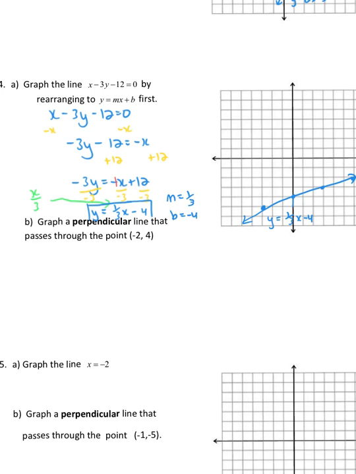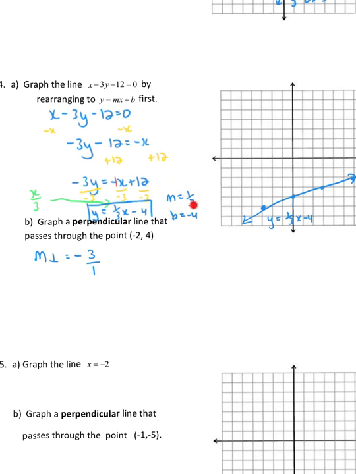In part B, we now need to graph a perpendicular line that passes through the point -2, 4. Because we want the perpendicular line, we need to take the slope of the original line and take the negative reciprocal. So the perpendicular slope is going to be -3 over 1. So we flip the fraction to get 3 over 1, and we make it the opposite sign.